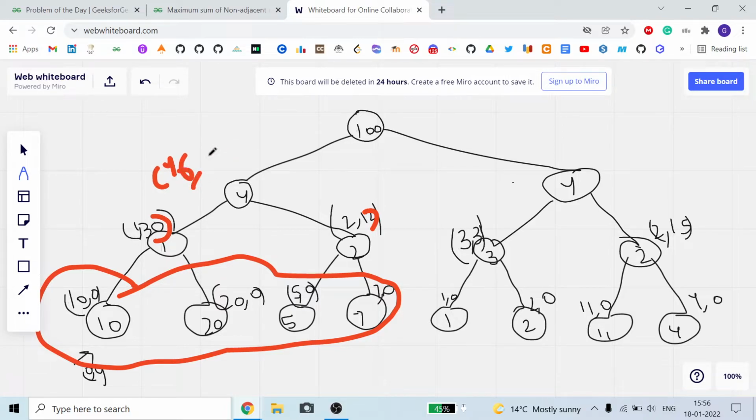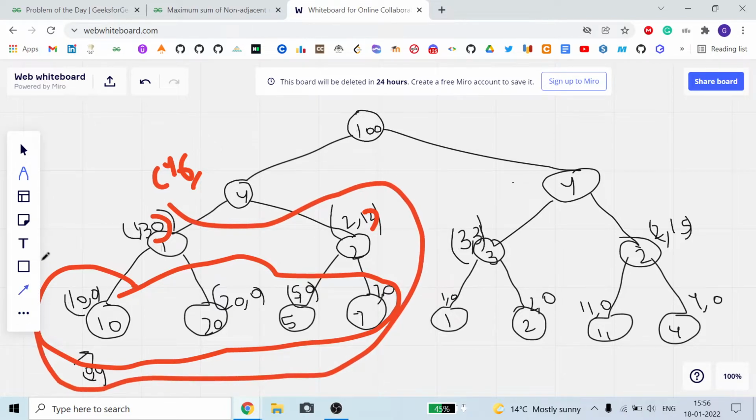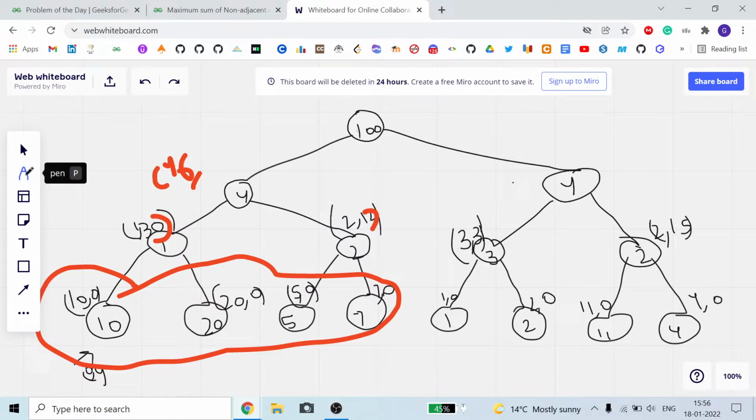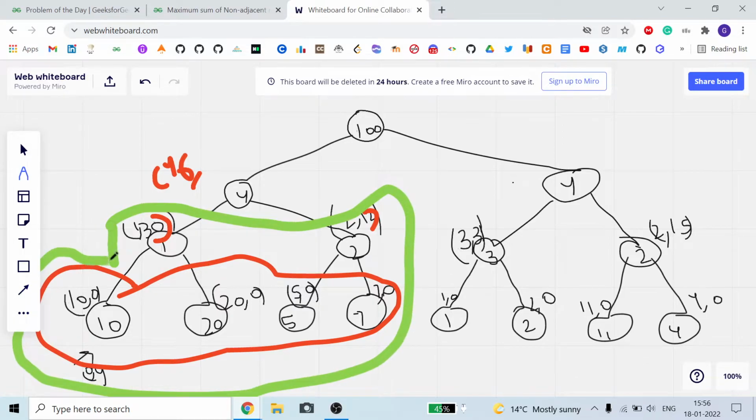And second, if we exclude them, then we have to put out the maximum sum among all edges yet. I will mark it with some other color. Yes, green is perfect till here. Why?